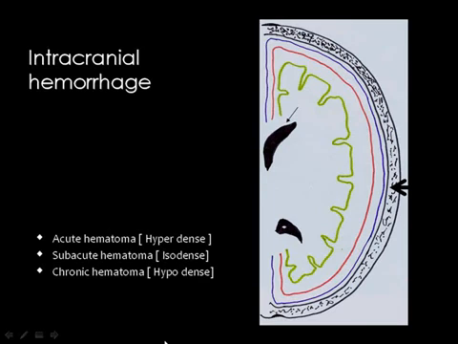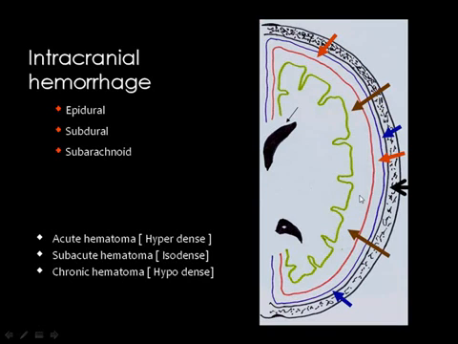If hemorrhage is going to occur, number one, it will occur between the skull and the dura, and this is known as extradural hemorrhage or epidural hemorrhage, or it may occur underneath the dura, and this is known as subdural hemorrhage, or below the arachnoid, and this is known as the subarachnoid hemorrhage.